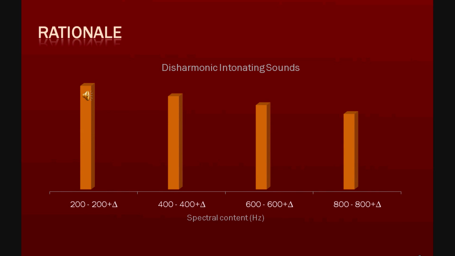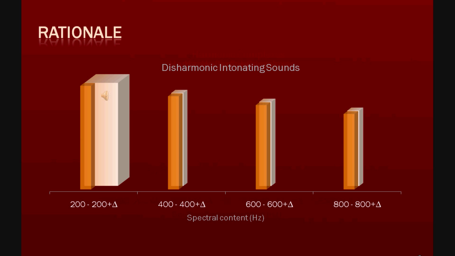These are the disharmonic intonating sounds. Again, two sounds are given, one of which is a harmonic complex of 200 Hz. The fundamental frequency of the second sound sweeps from 200 Hz to a frequency of 200 plus delta at the end of its presentation.